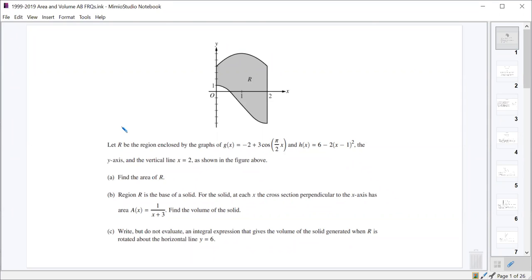Okay. You should know what to expect for an area volume problem going into the AP test. Generally, part A is find the area of some region. And generally, parts B and C have to do with finding some sort of volume. Usually, one of them is like the cross sections are these weird shapes, or the cross sections have this specific area. Find volume.